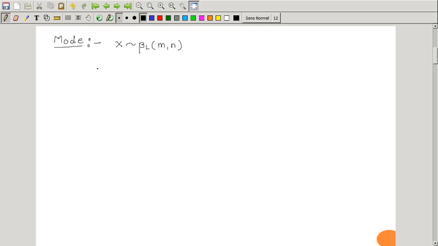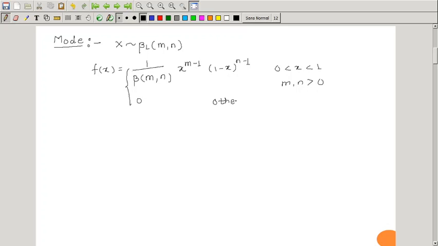Therefore, the density function f of x is 1 upon beta mn x raised to m minus 1, 1 minus x raised to n minus 1, where x lies between 0 to 1 and m, n should be positive, and 0 otherwise.